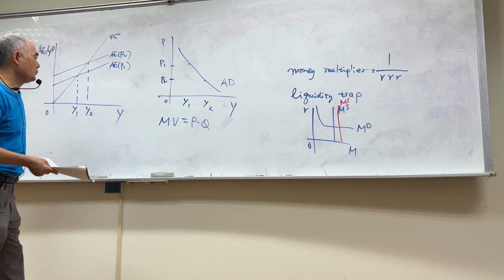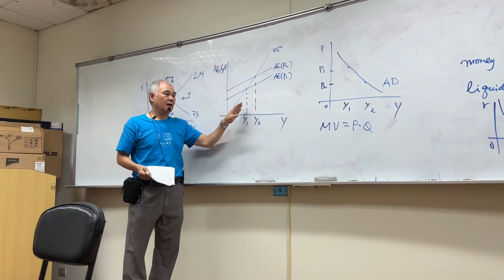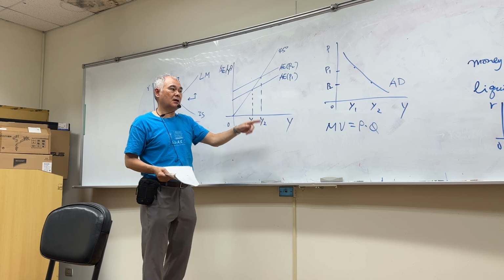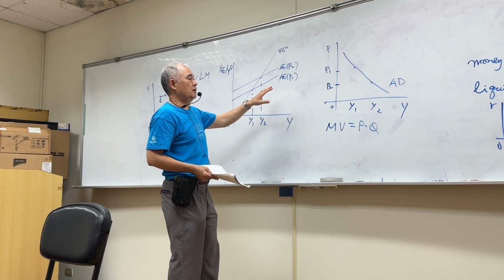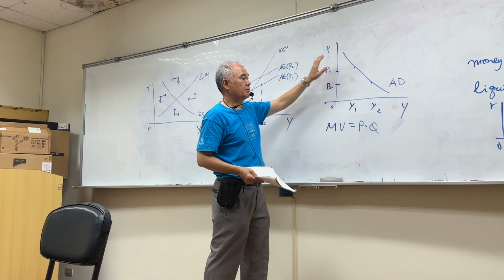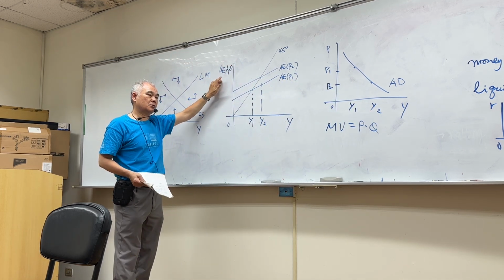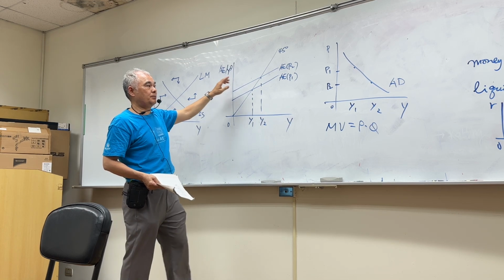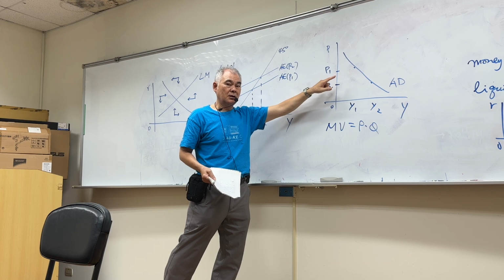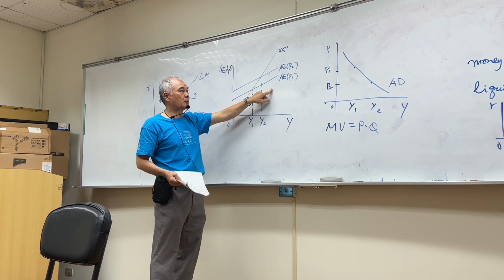So this is the way to derive the aggregate demand curve using the Keynesian model. Here it is Y and here it is P, and here it is Y and aggregate expenditure. So you want to get P here, then you have to get P here with an exogenous variable.